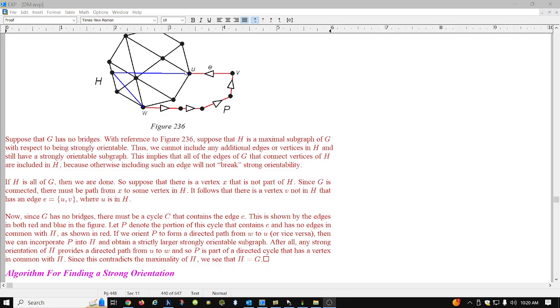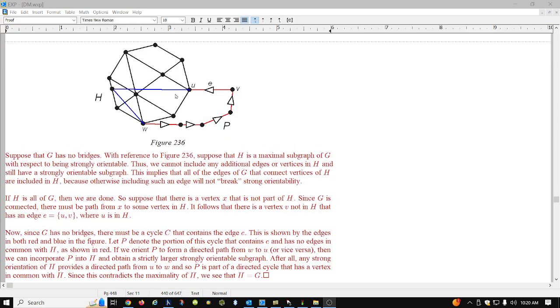It's really the same reasoning that allowed us to incorporate an edge whose vertices were in H into H if it wasn't already there. So let me go back to that. Suppose that there was an edge in G that went between these two vertices. Then you could have expanded H to include that edge.